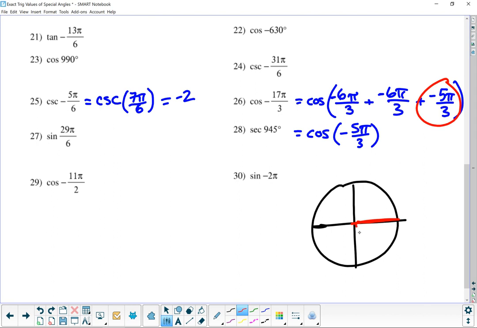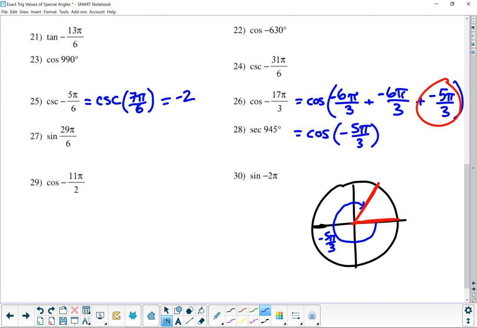If we're doing 5 pi over 3, you would have to go this much. But since we're doing negative, we're going to have to go and do this much, and then one more, because that was one block over. So it would have to be this one up here. So negative 5 pi over 3 is sitting right here.